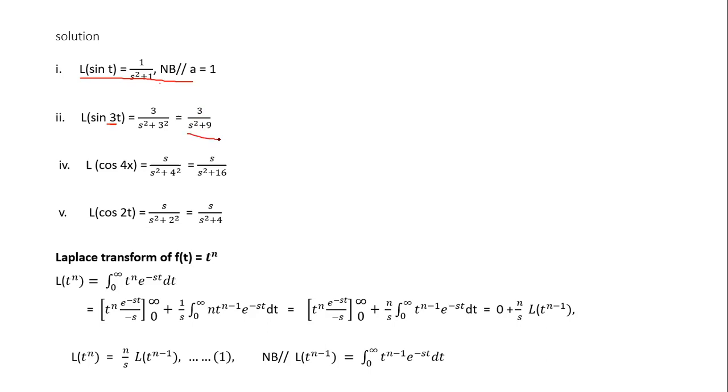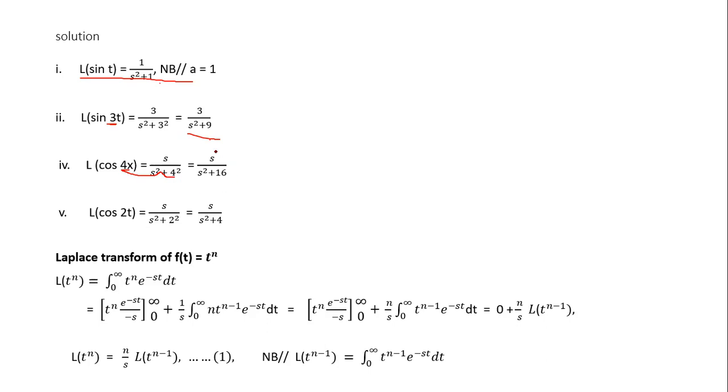Now, Laplace of cos 4x. So here too, our a is 4. But Laplace of cos becomes s over s squared plus a squared. So let's do our substitution. If a is 4, now Laplace of cos 4x becomes s over s squared plus 4 squared.